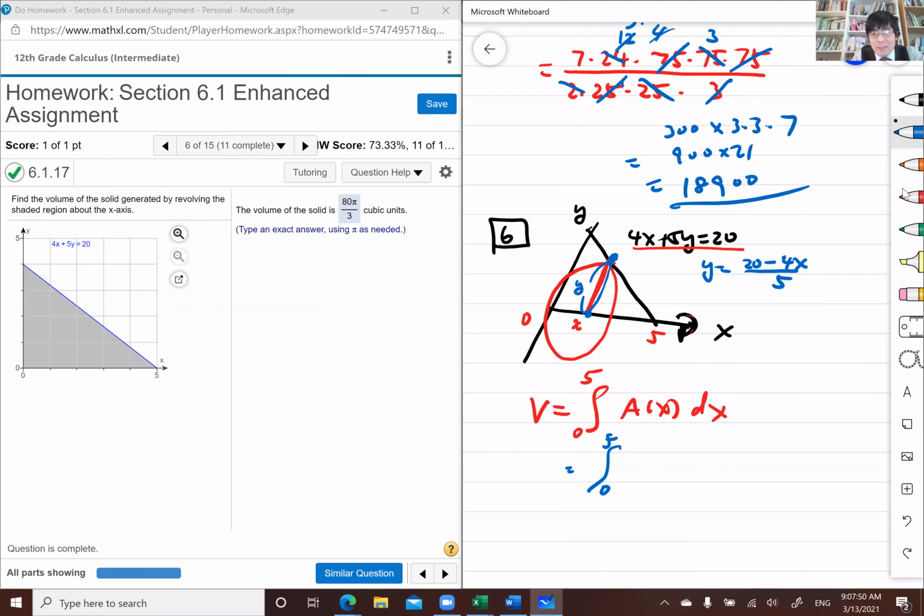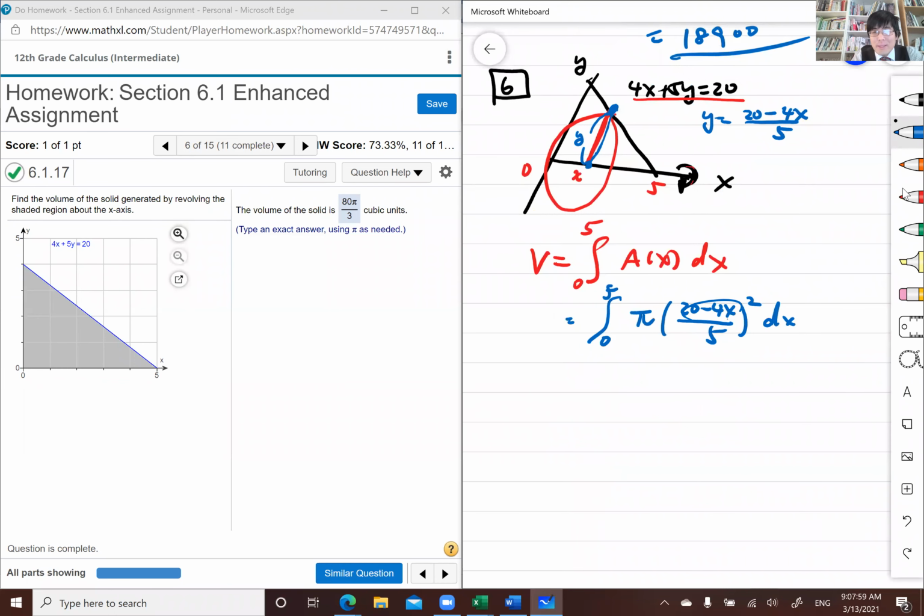So it is pi times radius squared. Since this is a linear expression inside, let's put 5 squared out. So it's going to be (20 minus 4x) squared dx. After integrating, you can put 4 squared out, which makes the expression easier.